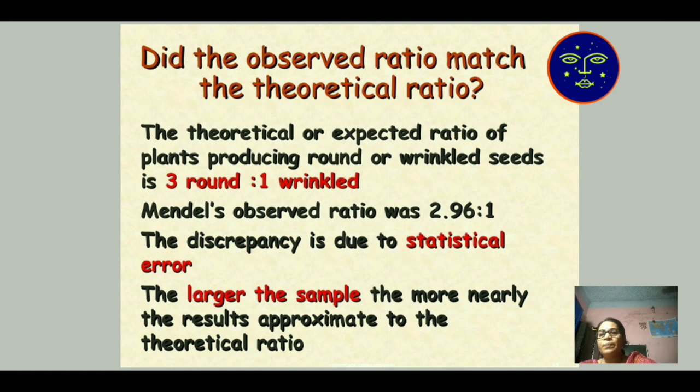The discrepancy is due to statistical error, which is why the value comes 2.96. The larger the sample, the more nearly the result approximates the theoretical ratio. The theoretical ratio is 3, but the experimental ratio is 2.96, which is very similar.